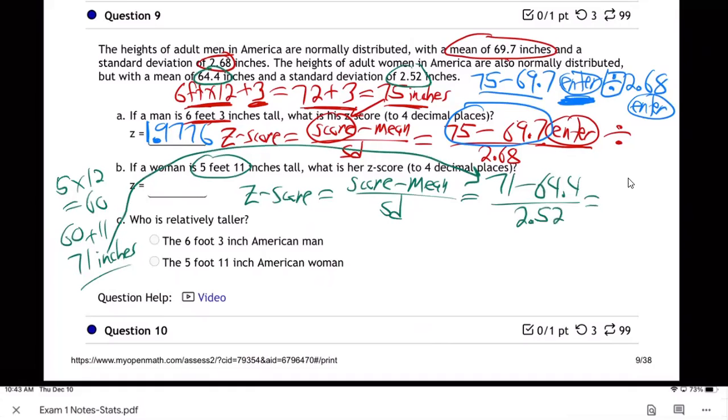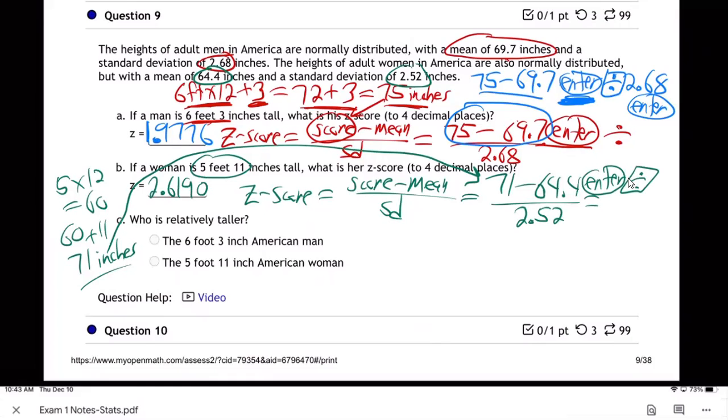All right, let's calculate it. And remember to hit enter on the top before you hit divide. Enter, then divide. So 71 minus 64.4 equals, divide by 2.52. I'm getting 2.6190.